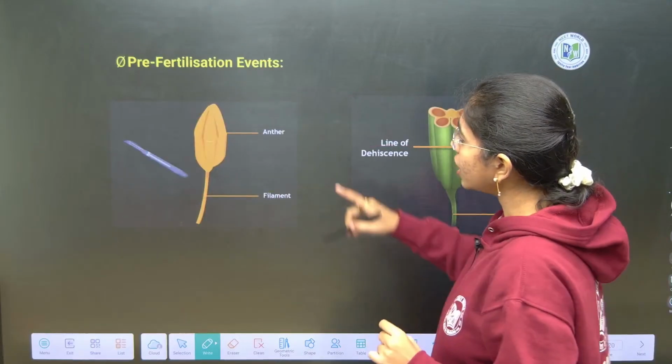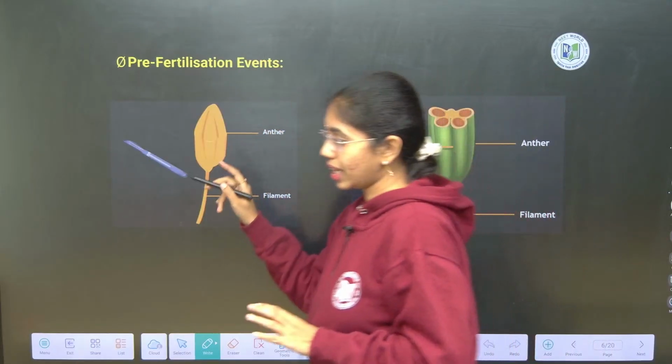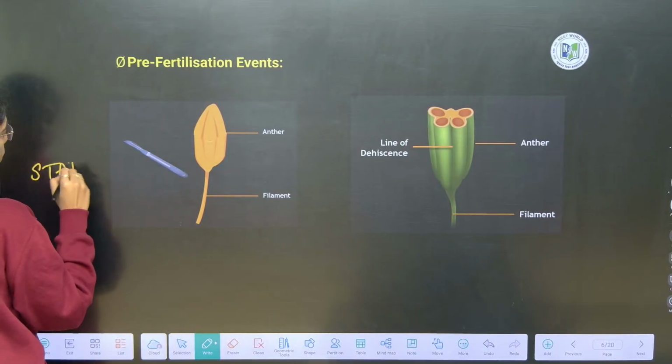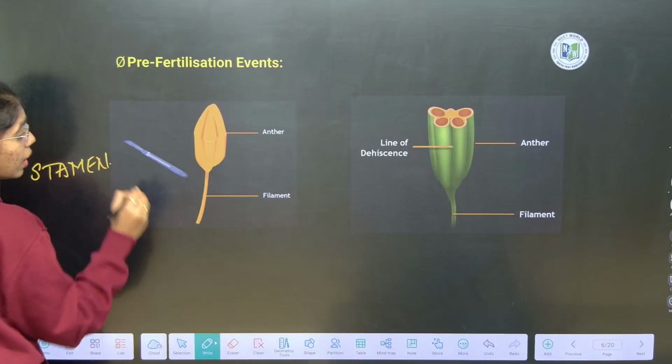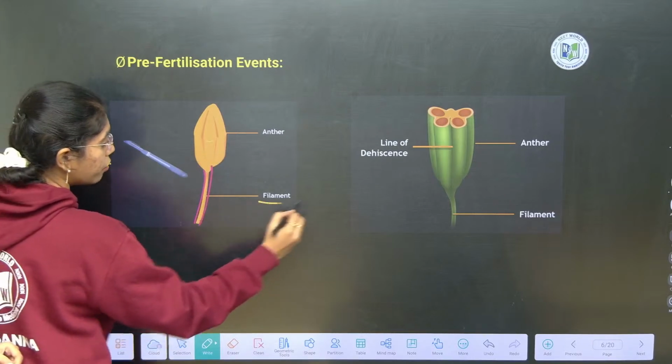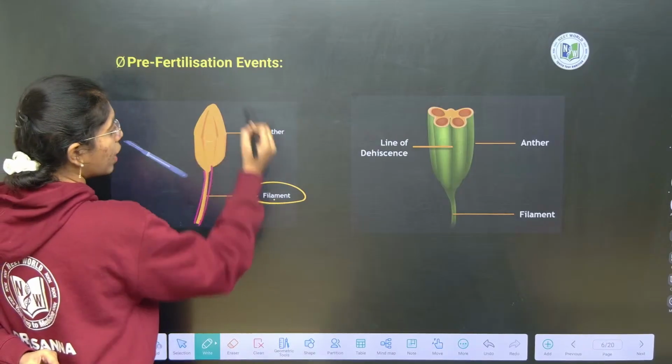Now, here you see, each stamen will consist of what? Each stamen will consist of a long filament and a bilobed anther.